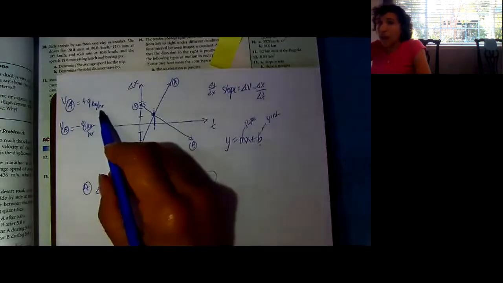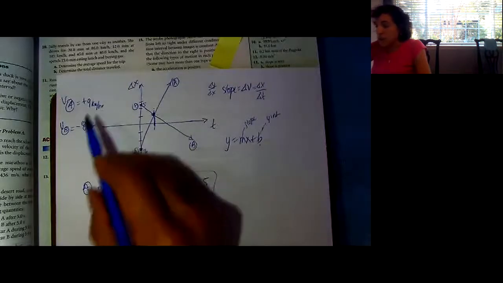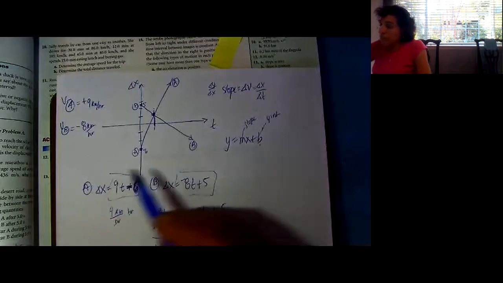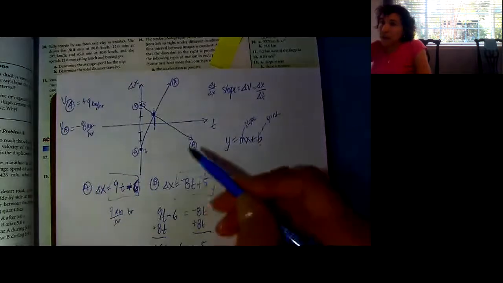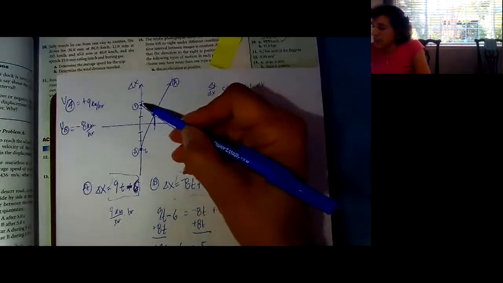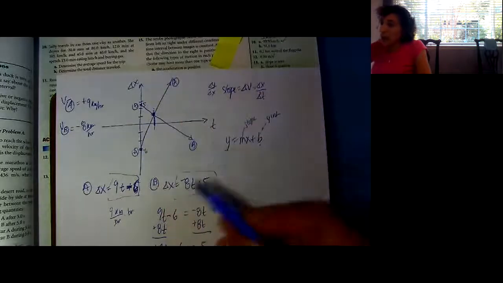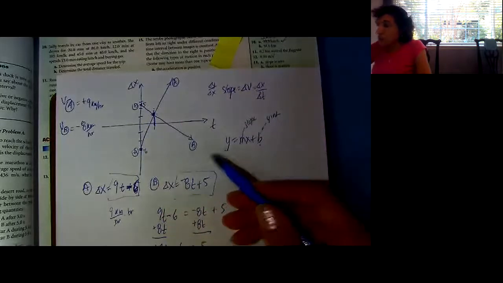The first guy was 9 kilometers per hour in the right direction, or east, and the next guy was negative 8 in the left direction, or western direction. And then they told me exactly where they started. They didn't start at 0. This guy was 5 kilometers to the right of the flagpole, and this guy was negative 6 kilometers to the left of the flagpole. So I had enough information to draw the lines of the direction of their run.